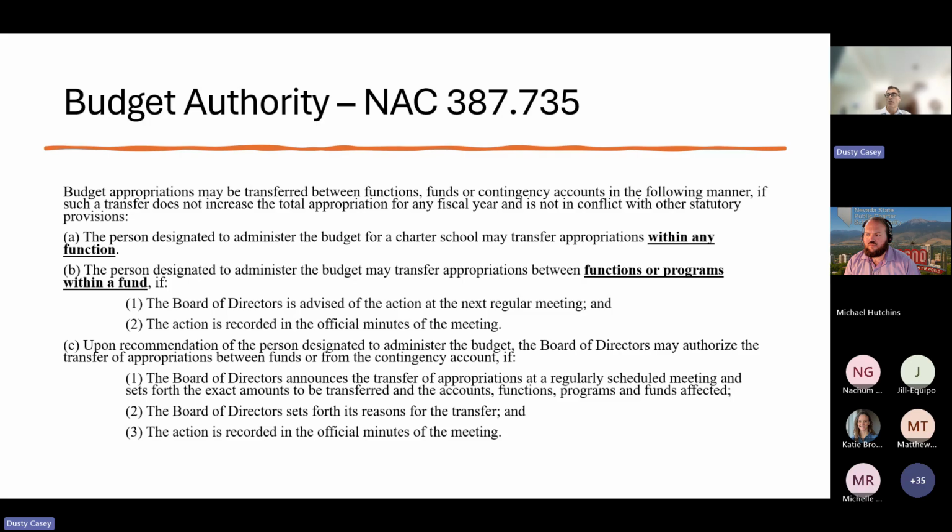Only the board can change the expenditures within a fund. Only they can say, yes, you're authorized to spend more. Obviously, if you don't go over, then you're fine. Or only your board can authorize transfers. If you want to move money between funds, like your general fund over to special education, ELL, et cetera, only the board can authorize that.